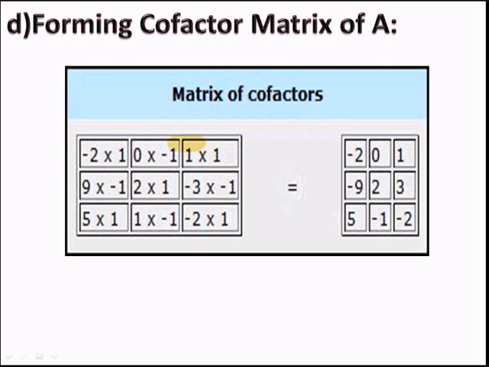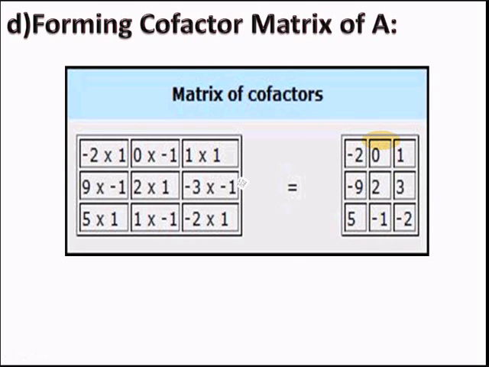For the first element, minus 1 to the power 1 plus 1 into M11, and it is the same because minus 1 to the power 1 plus 1 is positive, so it remains as is, that is minus 2. But in the second case, it becomes negative, in the third case it is positive, and in the fourth case it is negative. In the same way, we have to find the cofactor for all the elements.